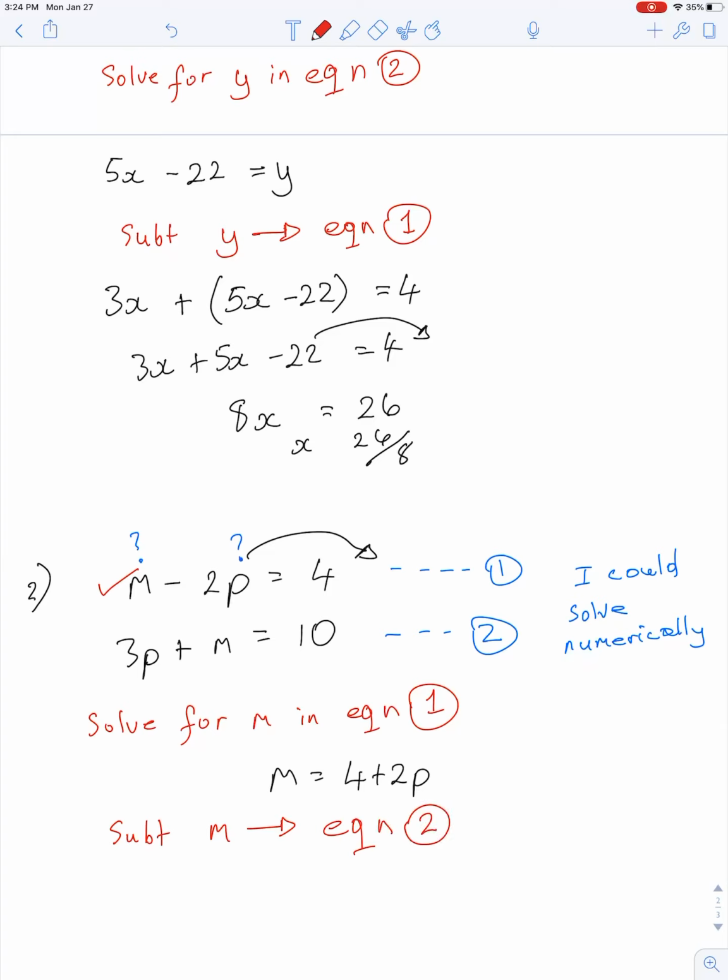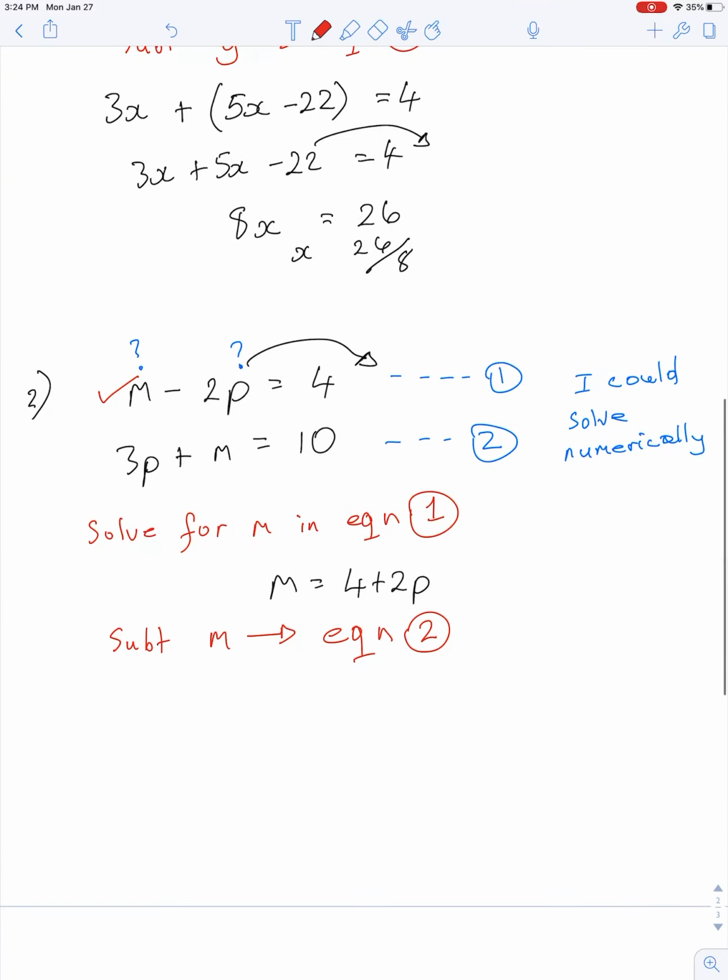That means everywhere I see m, I write 4 plus 2p. So it becomes 3p plus m. Oh, crap. Everywhere I see m, I put 4 plus 2p. So that gives me 4 plus 2p is equal to 10.